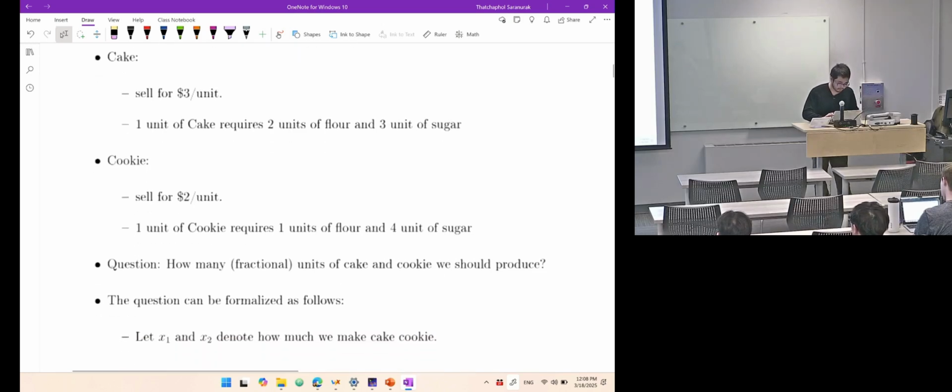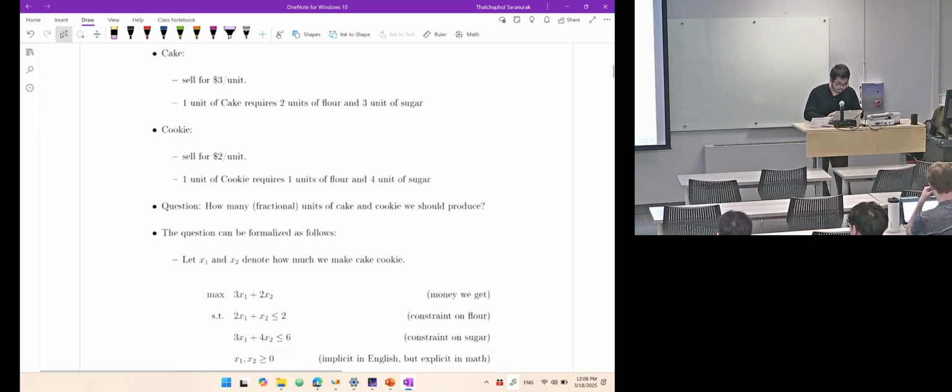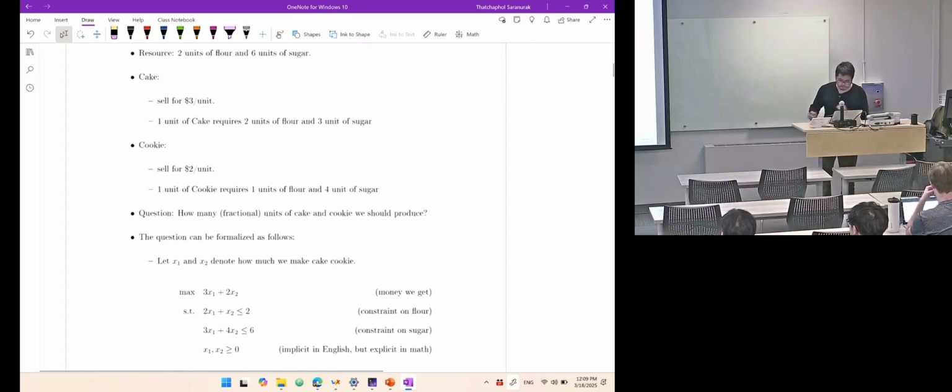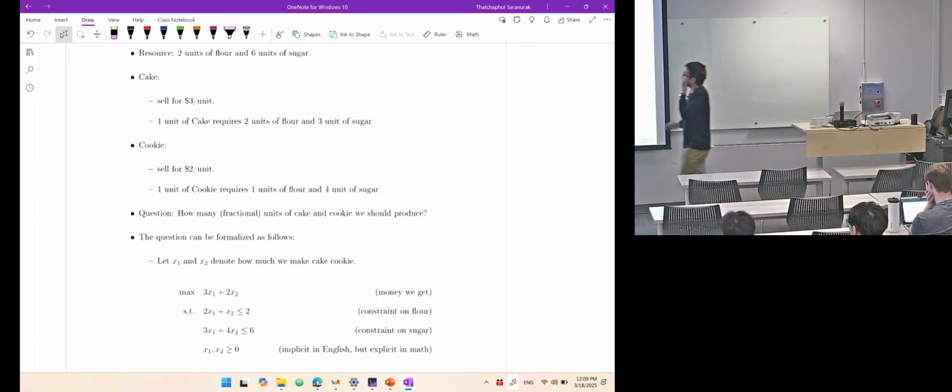How? You can write it like this. Let's say that x1 denotes how much cake you make and x2 denotes how much cookie you make. We want to maximize money.